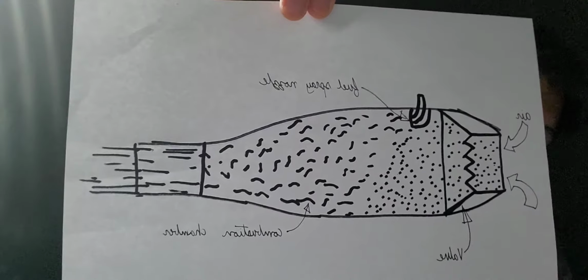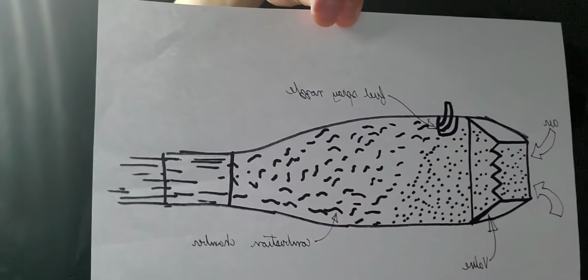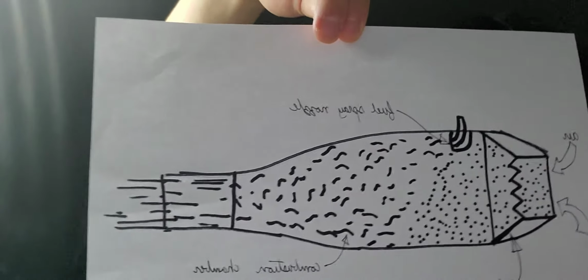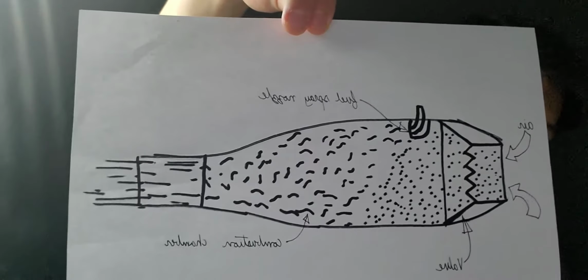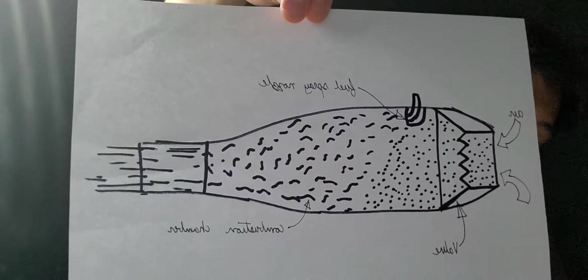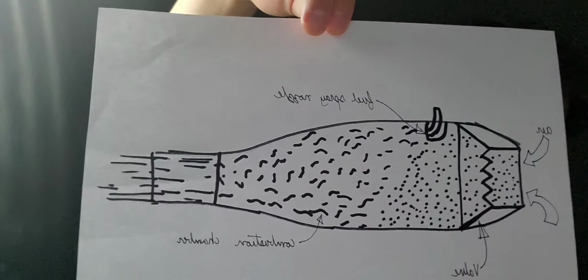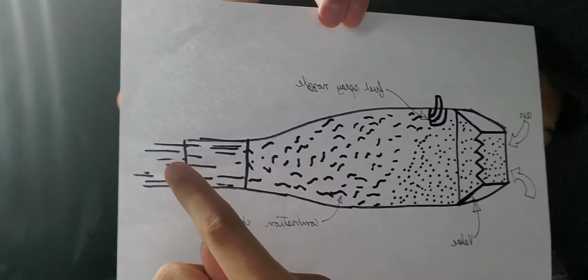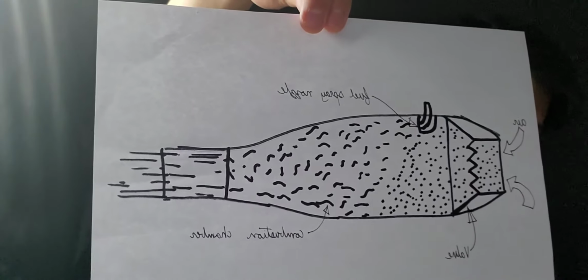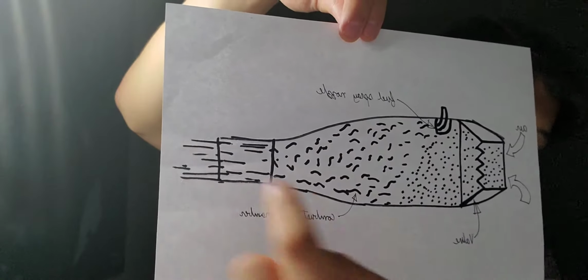And what happens when there is a combustion process? Yes, the gas expands. And if the volume expands, where does all that volume have to go if it can't go through here? It has to go through here. And that's called the exiting nozzle, and that's where all the gases escape.